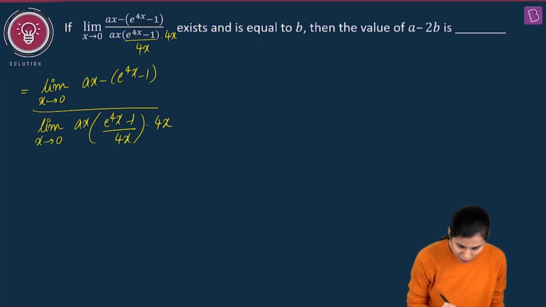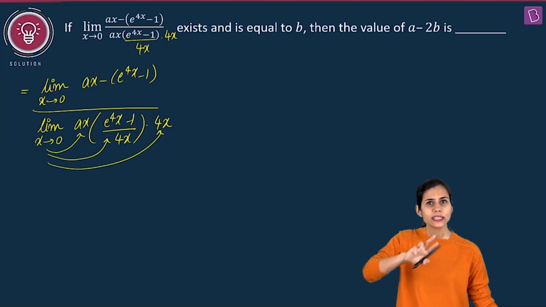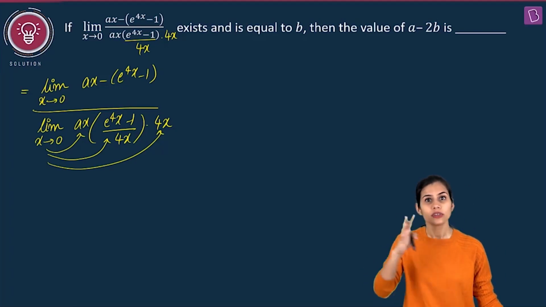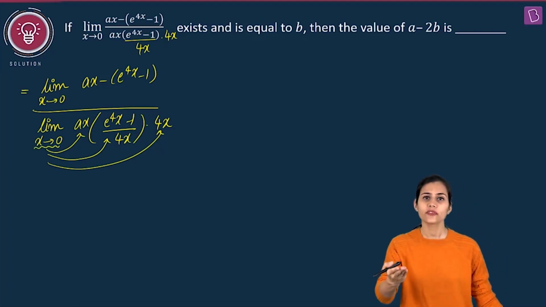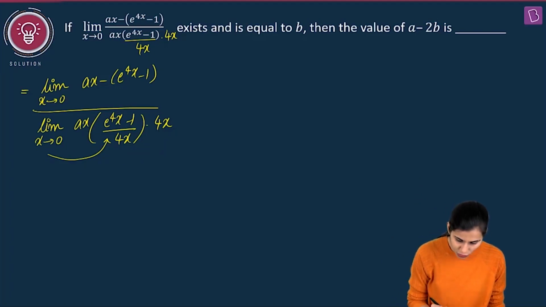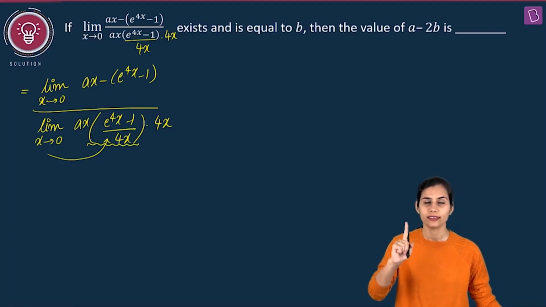So the denominator comes out to be limit of this expression into limit of this expression into limit of this expression. But I just shared with you that e to the power 4x minus 1 upon 4x as 4x tends to 0 is 1. In here, if x is approaching 0, obviously 4x will also approach 0. So if I talk about just this expression, its limiting value as x approaches 0 is 1.